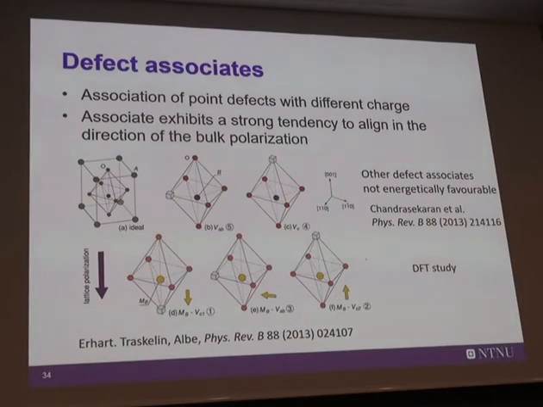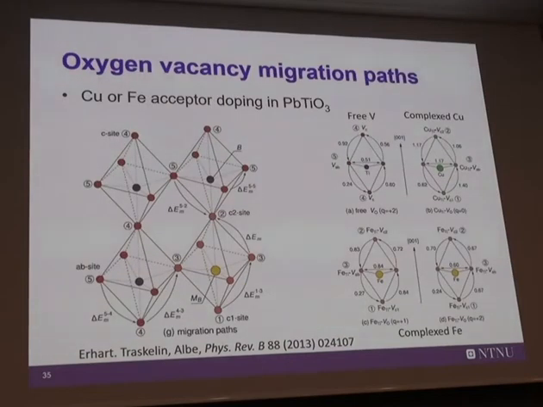It's really thorough work, so I will go quite fast through it. They first carried out the energetics of all these different configurations, so they know the energy of formation of all of these, from the free oxygen vacancy to the different pairs I showed in the previous graph.